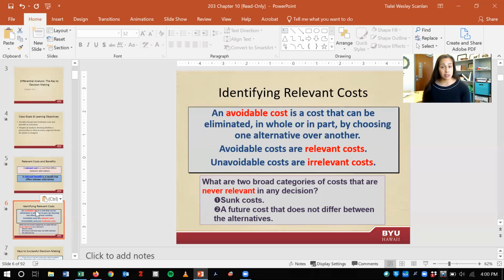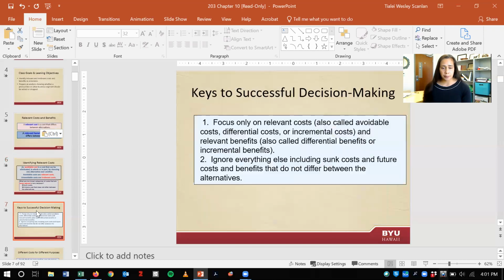So there's different costs, right? If you don't go out, you could avoid that $20 cost, or if you don't stay home, you could avoid the $4 to $7 cost, and there's a difference between those two. But the pizza is a future cost, and it's not going to differ between alternatives. So that would not be relevant because you're going to eat pizza, for example.